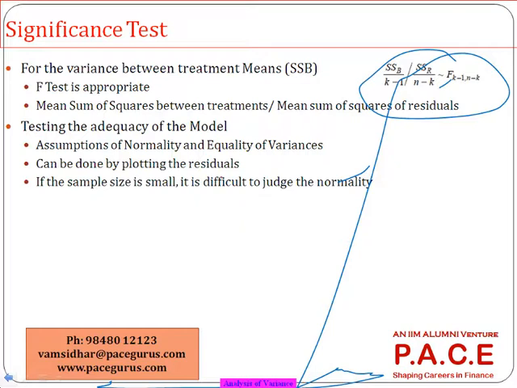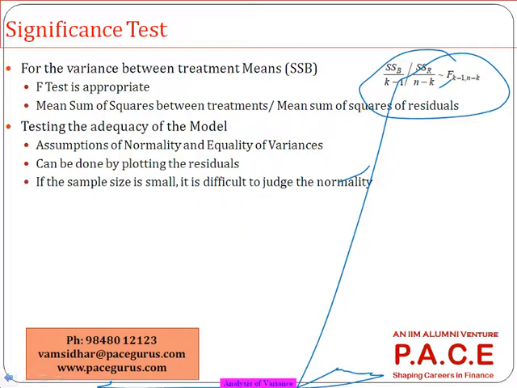The adequacy of the model can also be tested by plotting the residuals and checking the normality of the data, because of the two key assumptions we have made. Only under those assumptions being satisfied can the entire thing be adhered to. Otherwise it's going to create an issue for us. So we should be very careful in using the result we have got in the process.